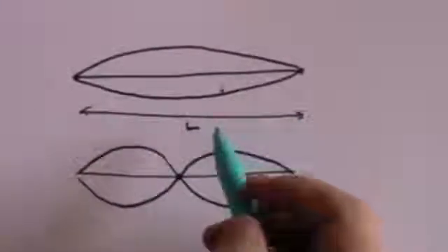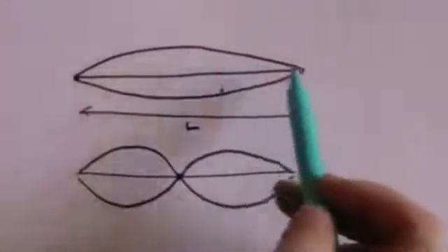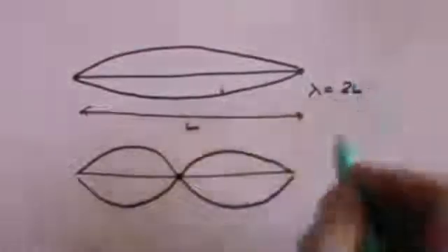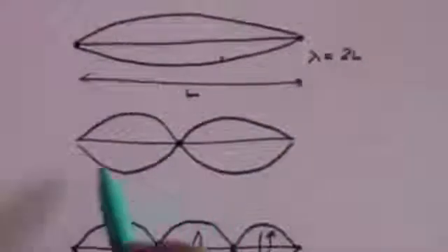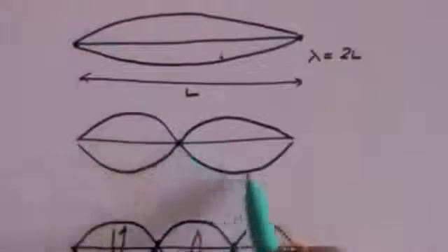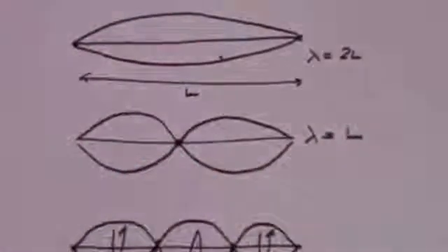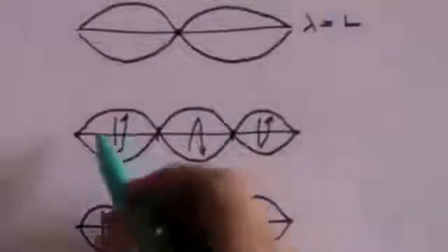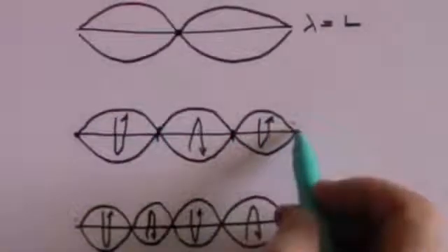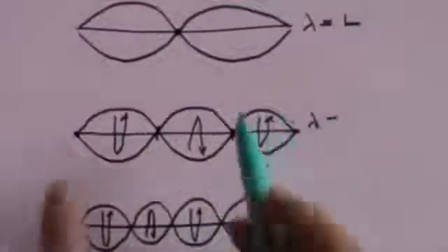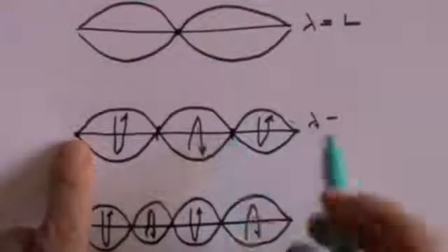If the total length of the rope is L, then you can see that this is essentially just half a wavelength, and therefore in this case the wavelength is 2L. In this case, you've got one complete wave, and so the wavelength is L. In this case, you've got 1.5 wavelengths, and therefore the wavelength in this case is 2/3 of the length of the rope.